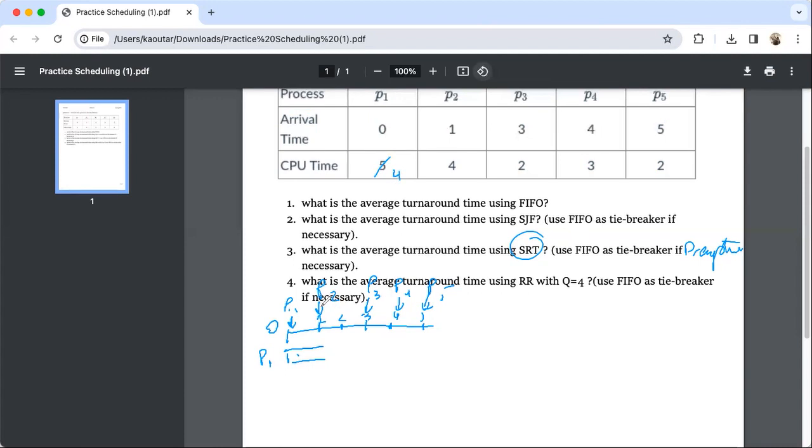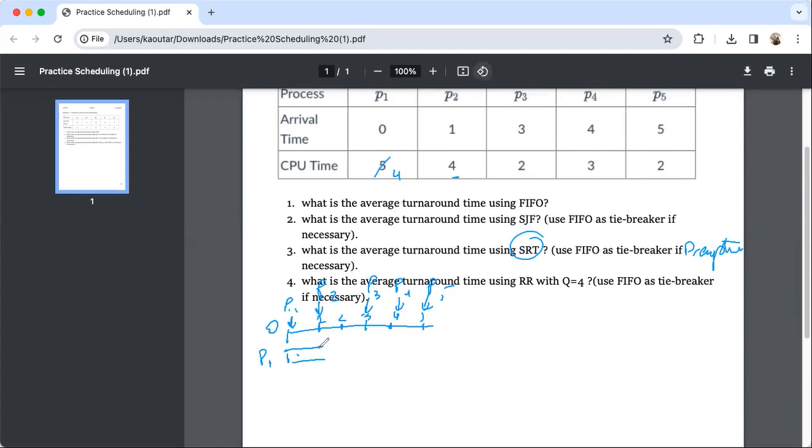Let's compare it to the new arriving process, which is P2. It's also 4. And when you have a tie, you always favor the currently running process. So keep P1 running to save the context switching time, since both of them have exactly the same CPU time. Instead of context switching and adding that overhead, we're just going to continue running the current process who possesses access to the CPU.